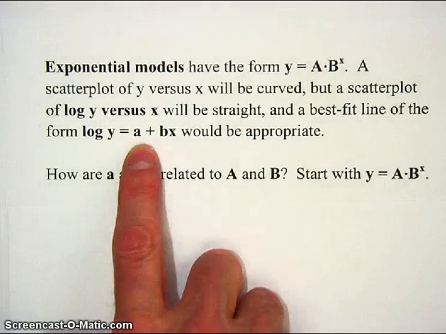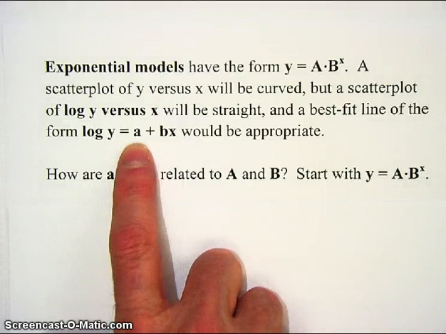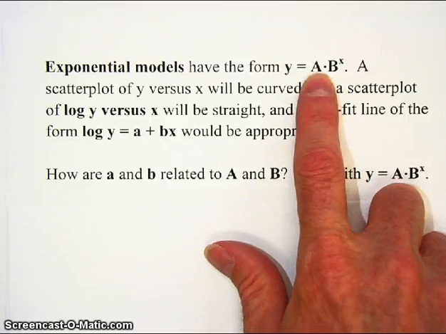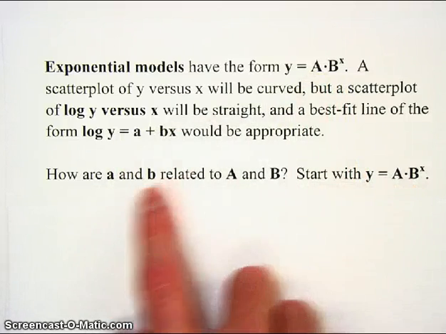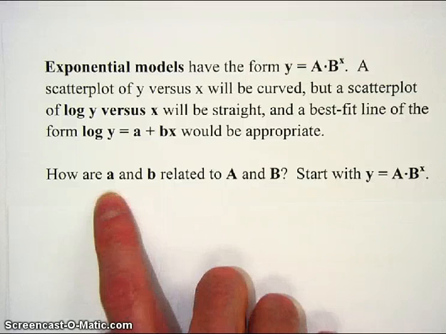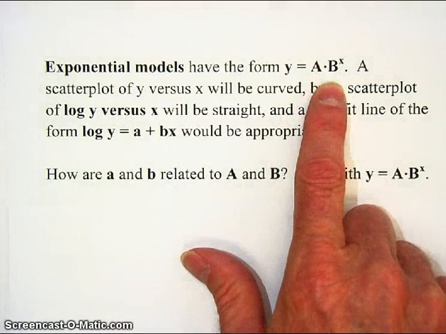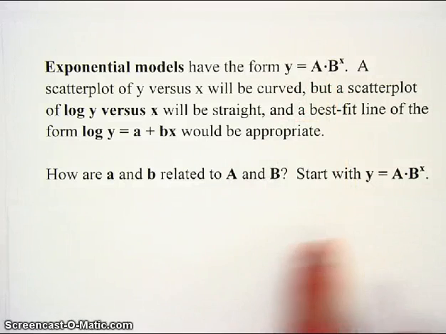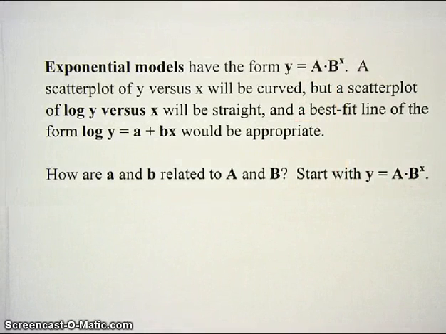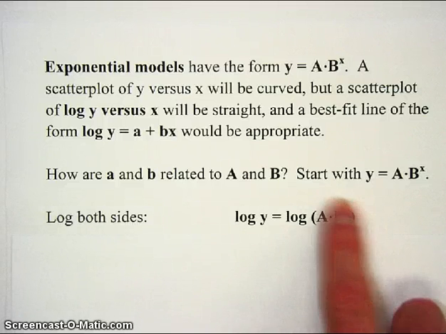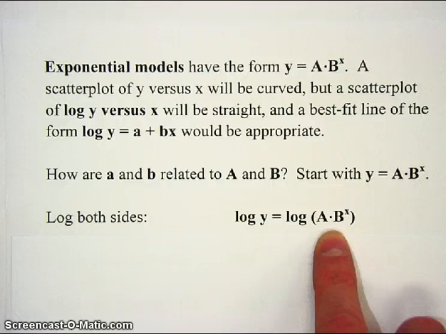Now, in this situation, I've got little a and little b, lowercase a and b. Up here, I have uppercase A and B, and these are related. In order to see how the lowercase a and b that you calculated and the uppercase A and B that we want in our model are related, we start with y equals A times B to the x, and then we log both sides. Then we have this expression on the right that we can apply our properties of logarithms to.